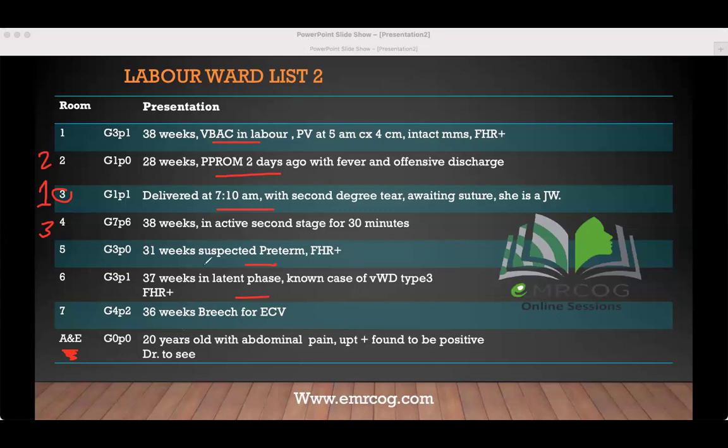So room number 5, then room number 1. Then 6, then 8, then 7. That's it.